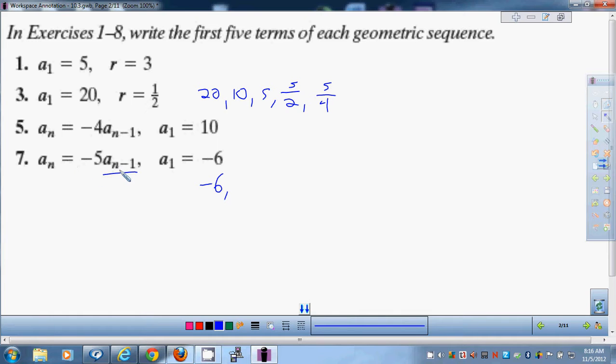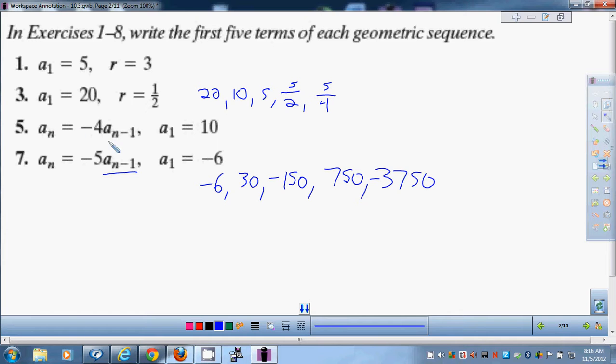So it'd be -5 times -6, 30, -5 times 30, -5 times -150, -5 times 750. Yeah, I'm going to need help with that one. I think it's -3750. I'm just going to guess since nobody's going to tell me. Yeah, -3750.